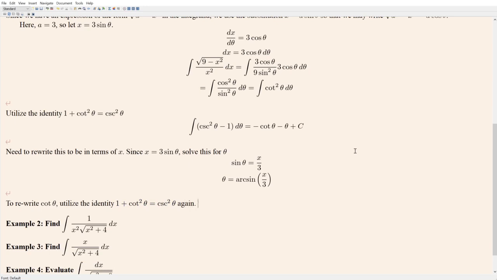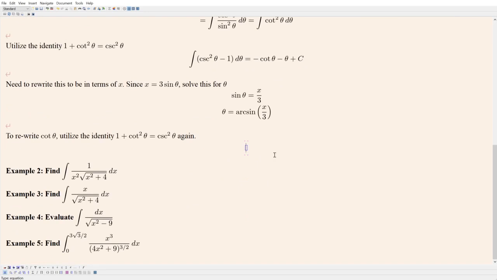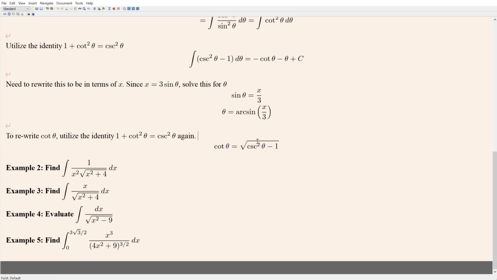So, in particular, we want to figure out what cotangent is because we want to plug something into this right-hand side. So let's solve this for cotangent. And don't worry about the square roots here. We're just going to assume that theta has been chosen such that everything is positive. So this is square root. Right, so subtract 1 and then take the square root.